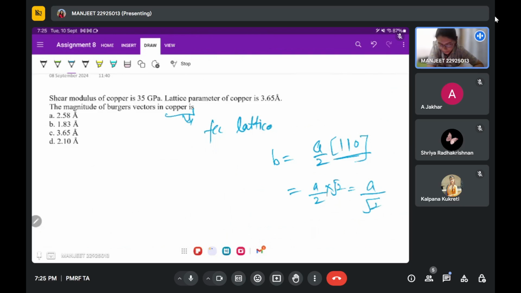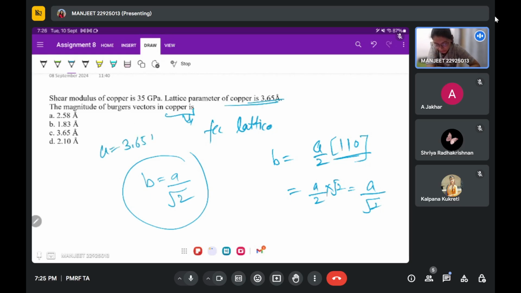So the Burgers vector in copper will be b equals a by root 2. Now you know a is the lattice parameter for copper, which is 3.65 angstrom.